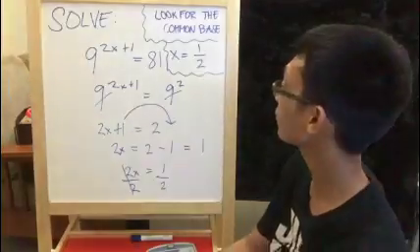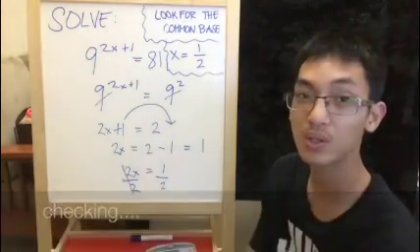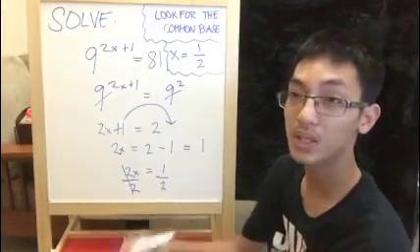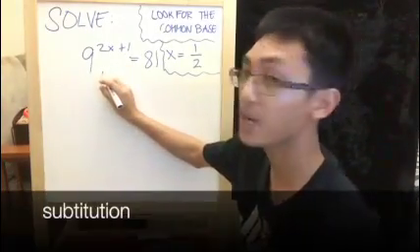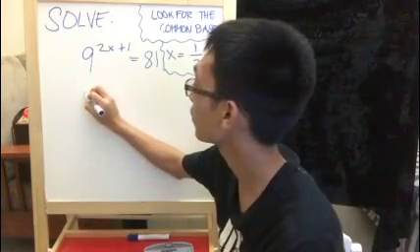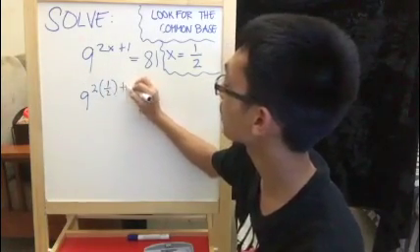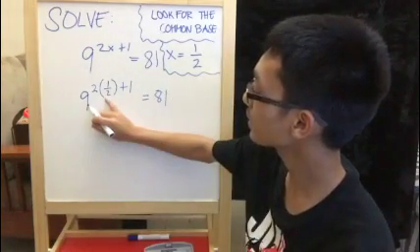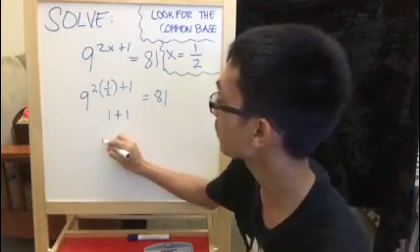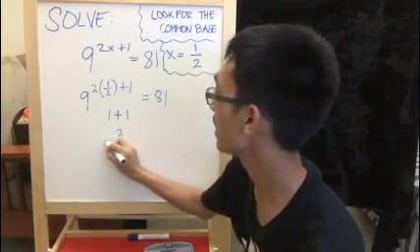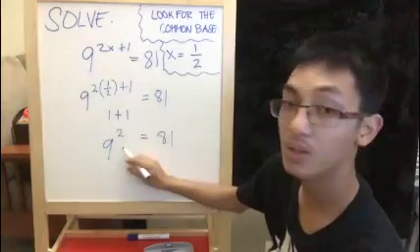Now that we know the value of x, let's find out if this exponential equation was correct. The value of x was 1/2, so we need to substitute the value of x in this equation. So 9 raised to 2 times 1/2 plus 1 is equal to 81. 2 times 1/2 is 1. Therefore 1 plus 1 is equal to 2. Then bring down 9, so 9 squared is equal to 81.